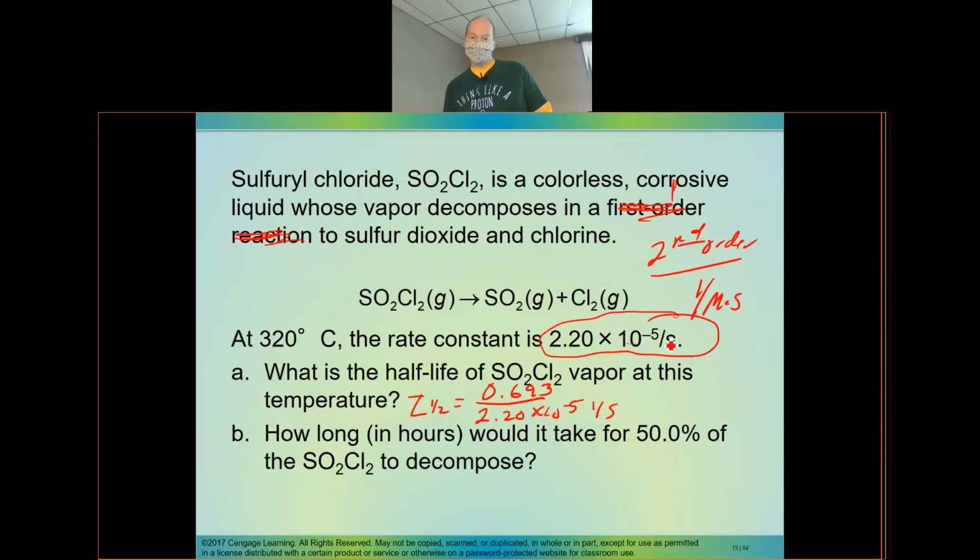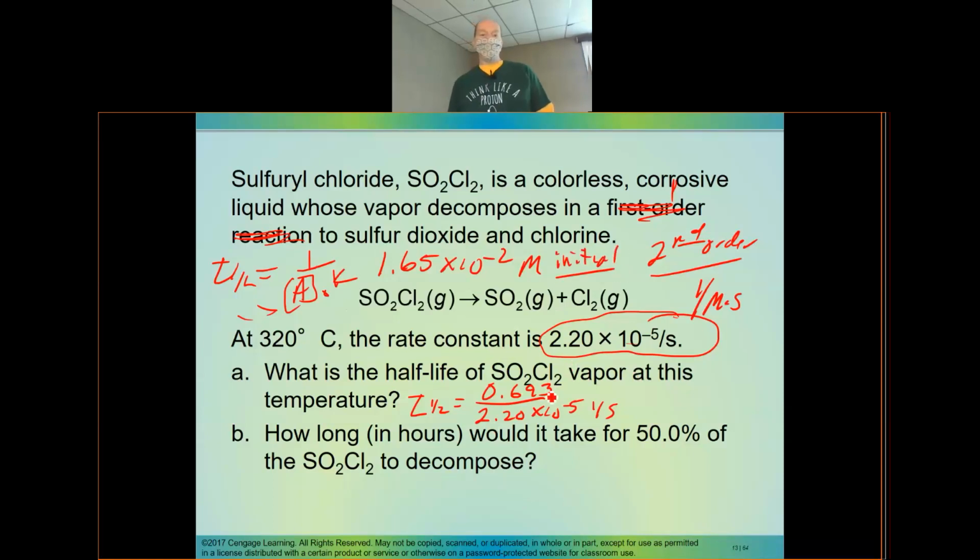You couldn't do this the same way because to get the half-life of second order, the half-life is 1 over your initial concentration of A times K. They did not give an initial concentration. They didn't have to because it was first order. Now that I'm changing it to second order, I'm just going to use the same initial concentration we had before: 1.65 times 10 to the minus 2 molar.